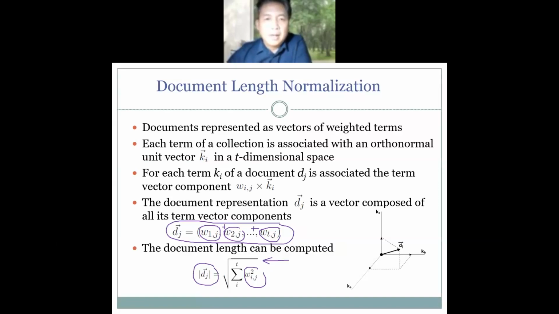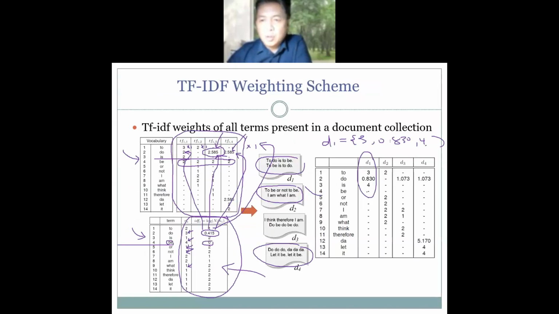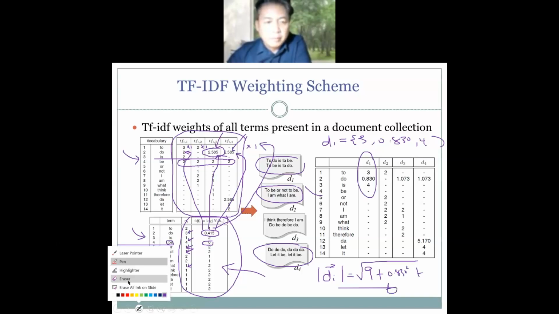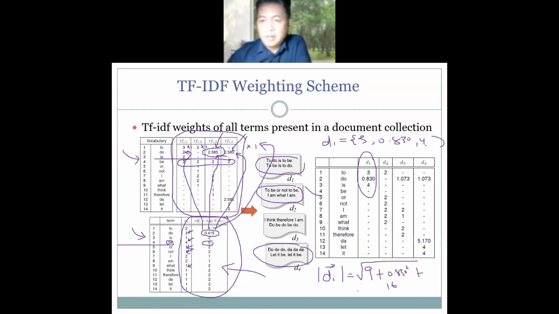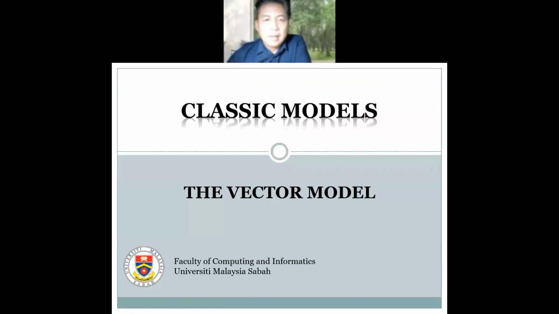For example, for document 1, the size will be the square root of 9 plus 0.830 square plus 16, because 4 times 4. Okay, then you get some value.